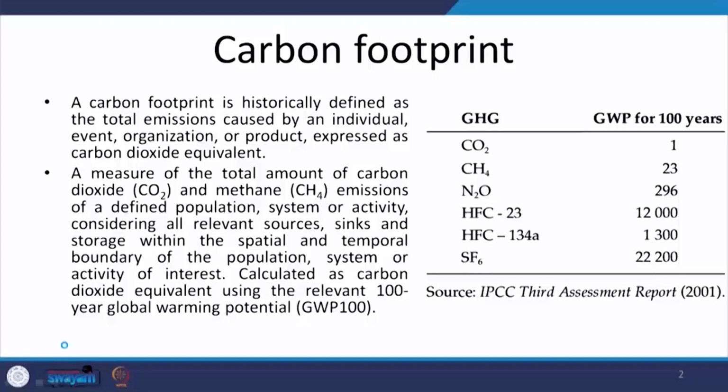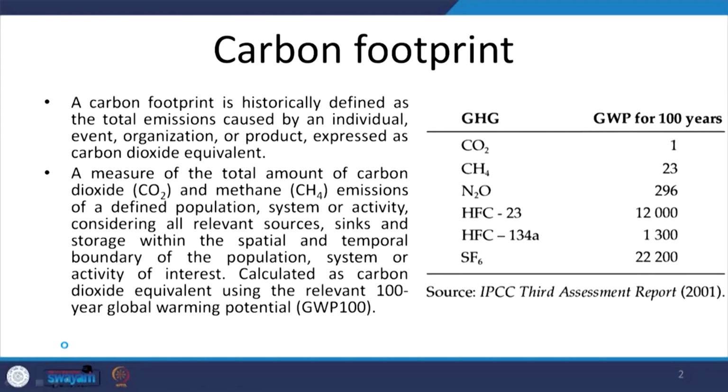For example, carbon dioxide is taken as a base which has a unit 1 global warming potential averaged over 100 years. However, if we look at methane CH4, it has a GWP potential of 23. So, 1 unit of methane emitted is equivalent to 23 units of carbon dioxide emitted.